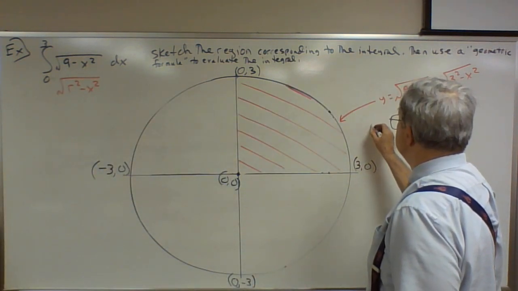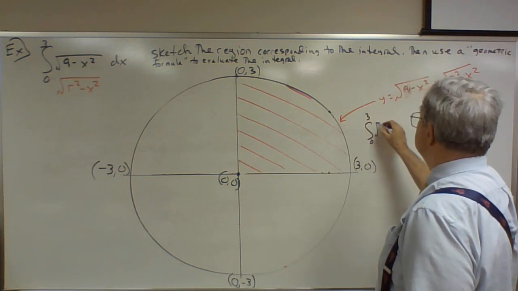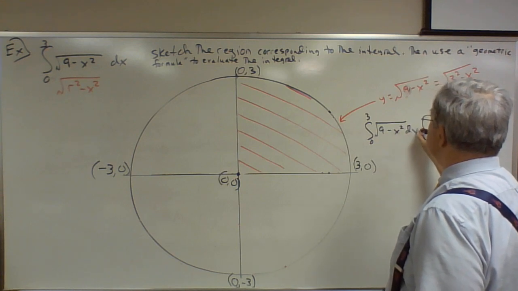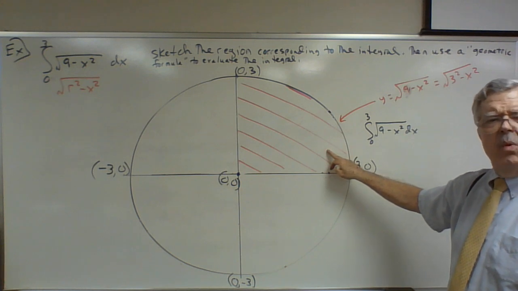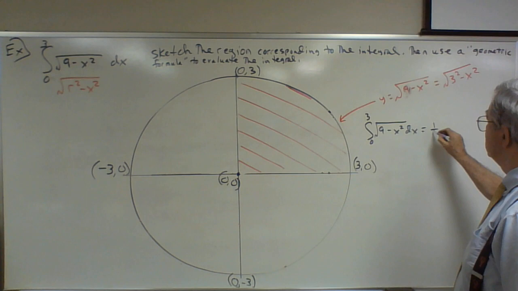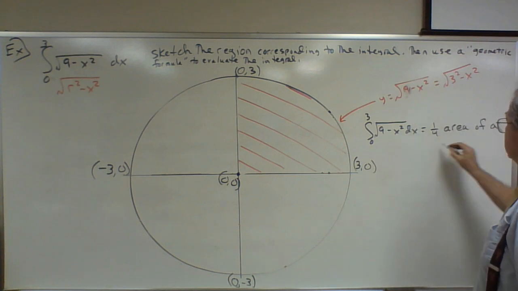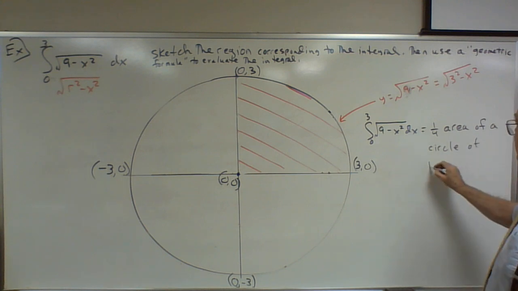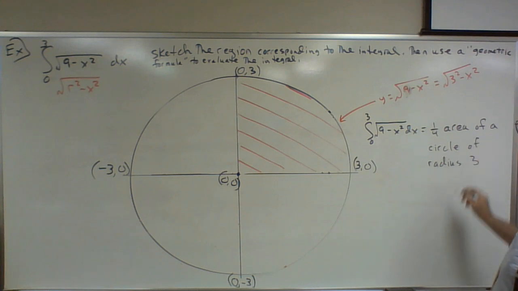The integral from 0 to 3 of 9 minus x squared dx. What is this? This is just 1/4 of a circle, right? So that's 1/4 the area of a circle of radius 3.